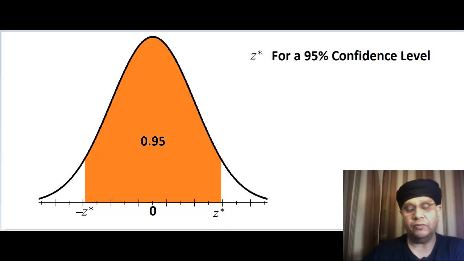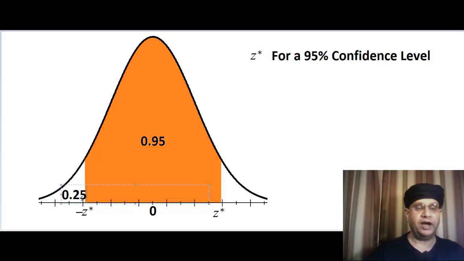Now we are using our graphing calculator that we use in the class. What we need for that is the entire area to the left of this value, because it gives us the percentiles. So in order to get z star for 95% confidence interval, I first have to note that this area here is 0.025, because the two tails will share the leftover area.